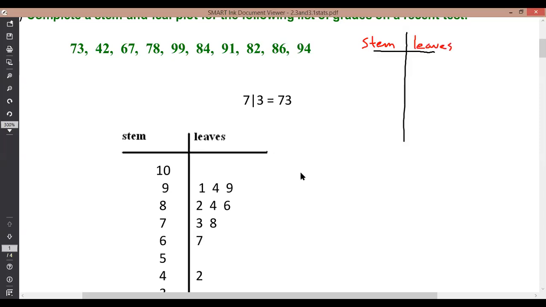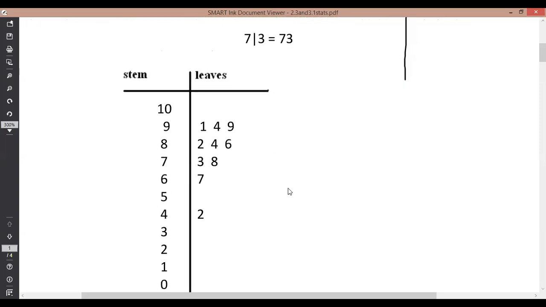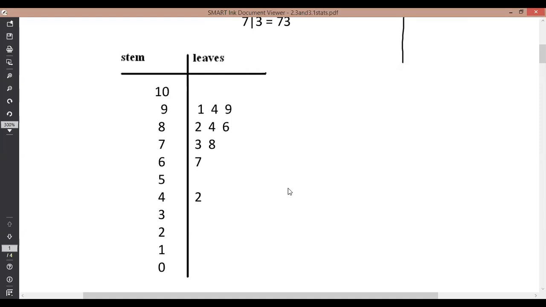All right. And then what you do is you look at your data. Here's the data we're going to put on our stem and leaf plot. Now notice it starts in the 40s, right? I could have started this where the data started with the 4 and go up through the 10.